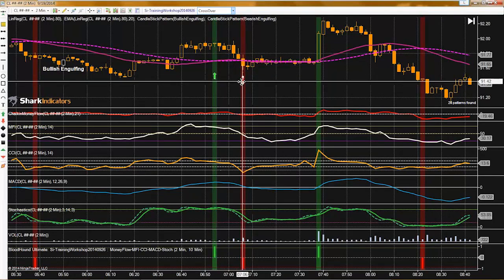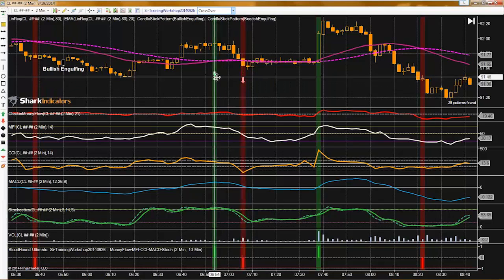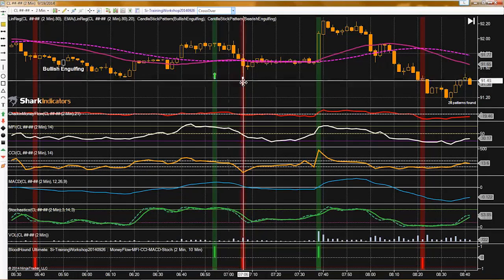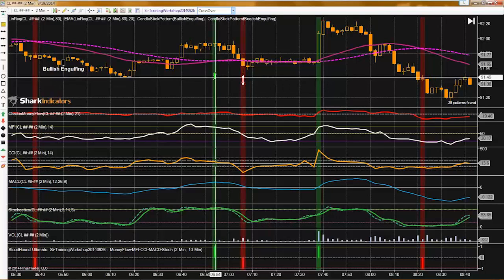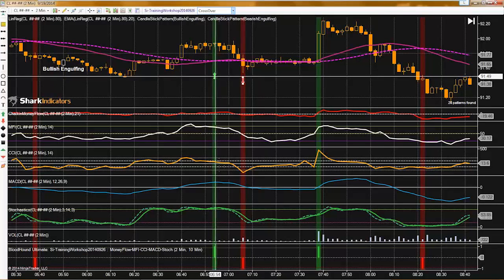Well, you don't really need to exit that long trade. Raven will automatically reverse you into a short position, right? So you really don't need to build an exit logic if your trading system is this simple.